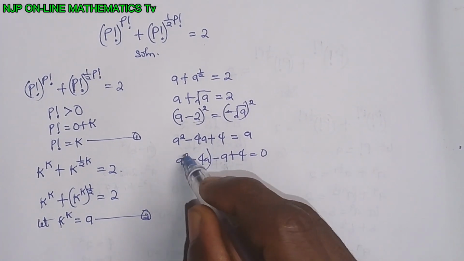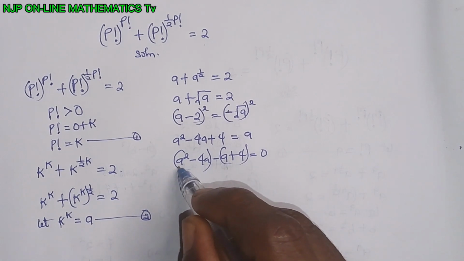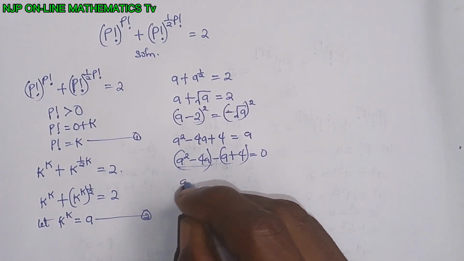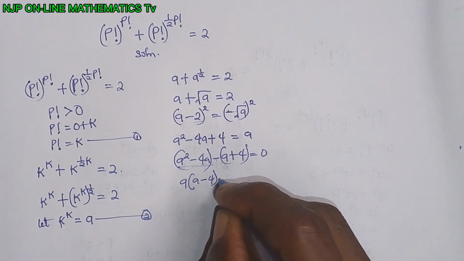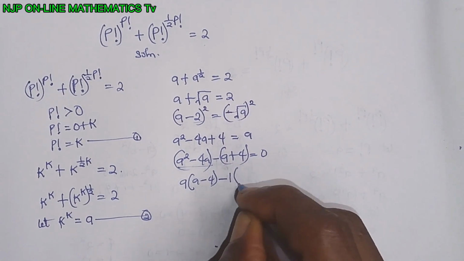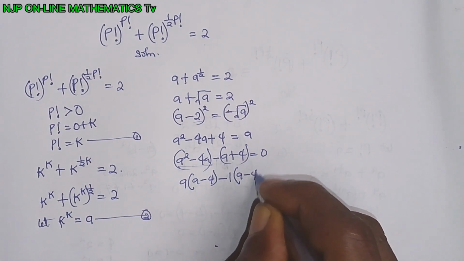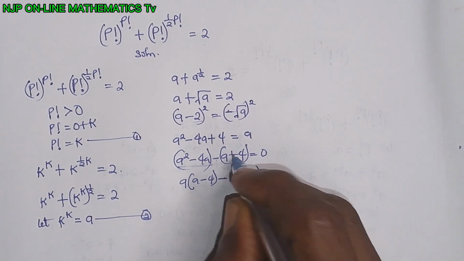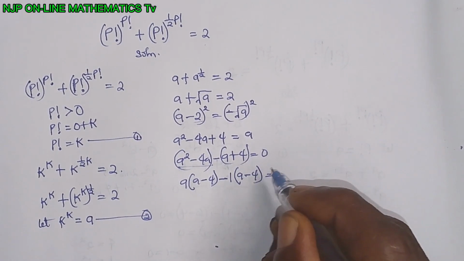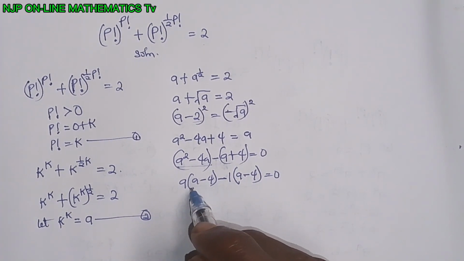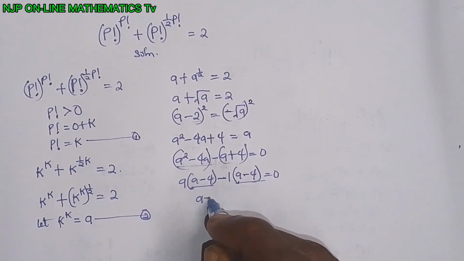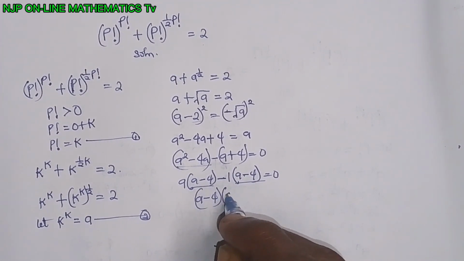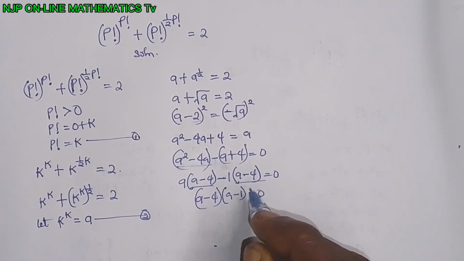So from here we can group it up. a is common in the first bracket, and we are left with a - 4. Minus 1 is common here, and we are left with a - 4, since minus times minus will give us positive, = 0. So from factorization, since these are the same, we have (a - 4)(a - 1) = 0.